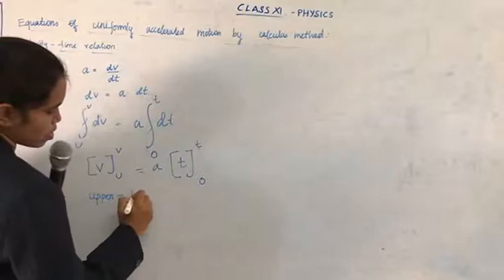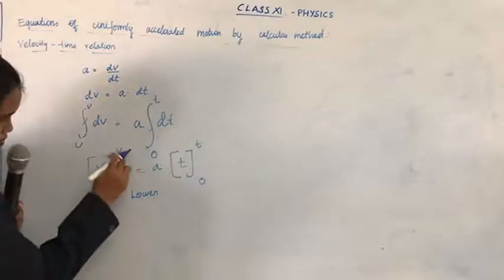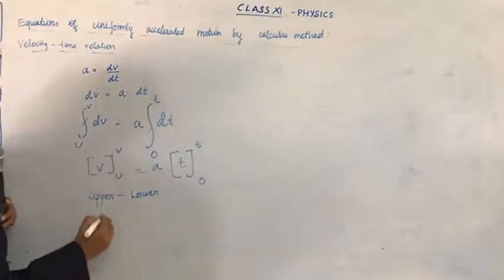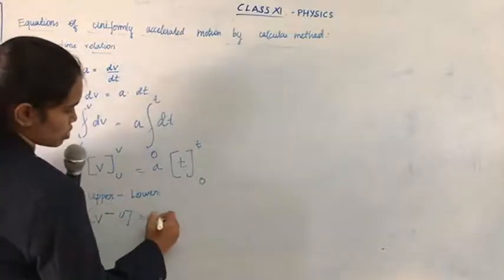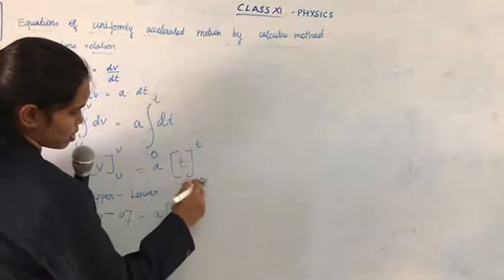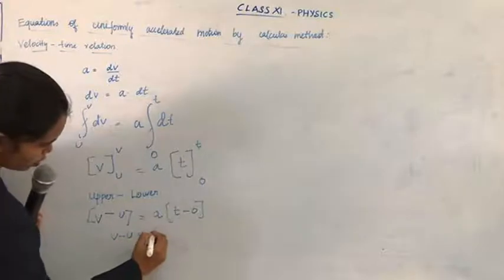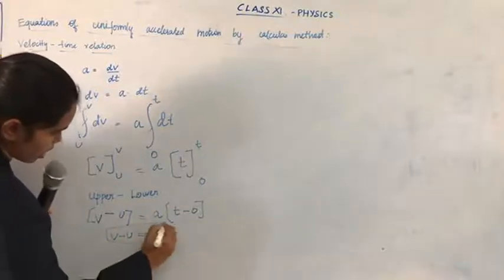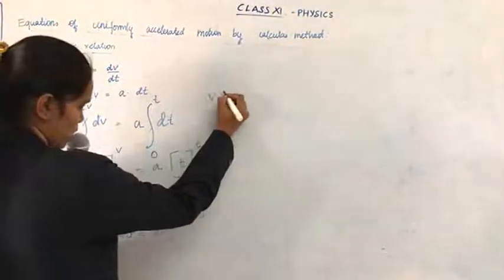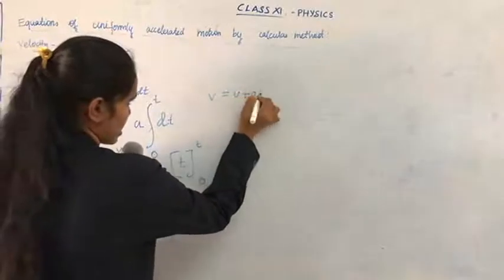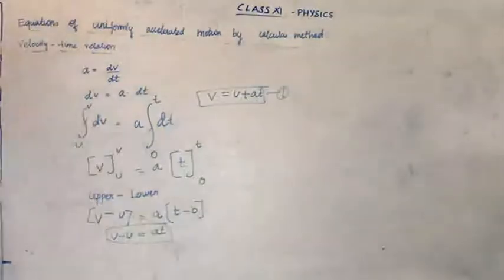First apply v, so v minus the lower limit u. Here a is outside. Apply the upper limit t, 0 minus 0. So v minus u equal to a into t. Have you got it? Now you can write v equal to u plus at. Now the first equation is derived. Write it down.